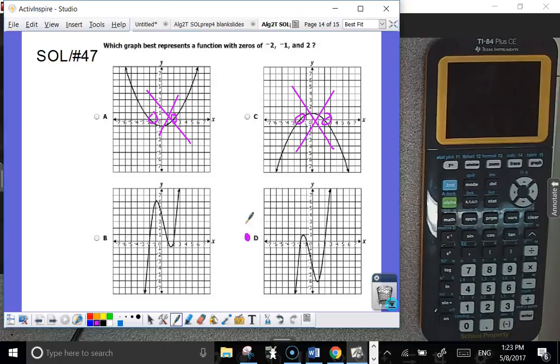So what you don't want to get confused on is, it is true that if we were going to have this function written out, it would be like this: y equals x plus 2, x plus 1, and x minus 2.